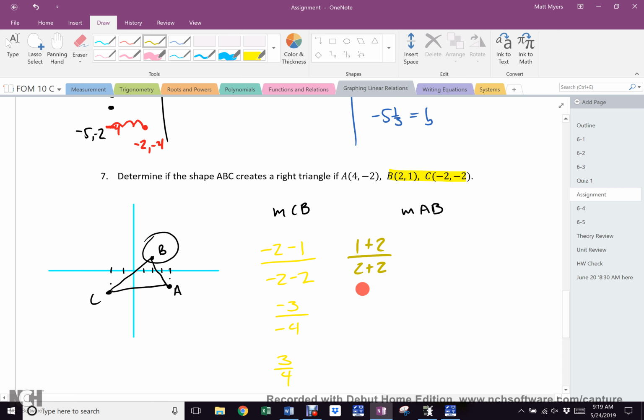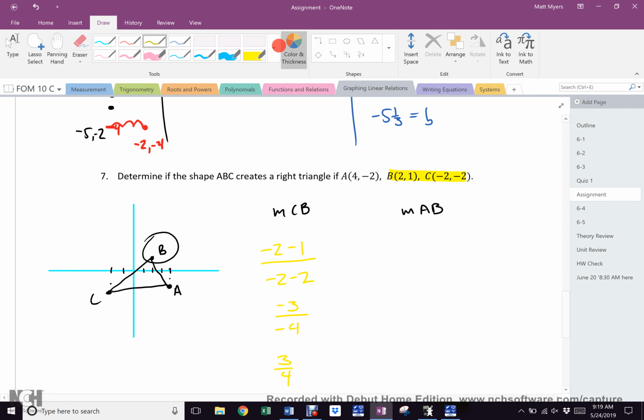What's 1 plus 2? What's 2 plus 2? Did it matter which way you did it? No, except that my good friend told me that -2 minus 2 was 0. Be careful.